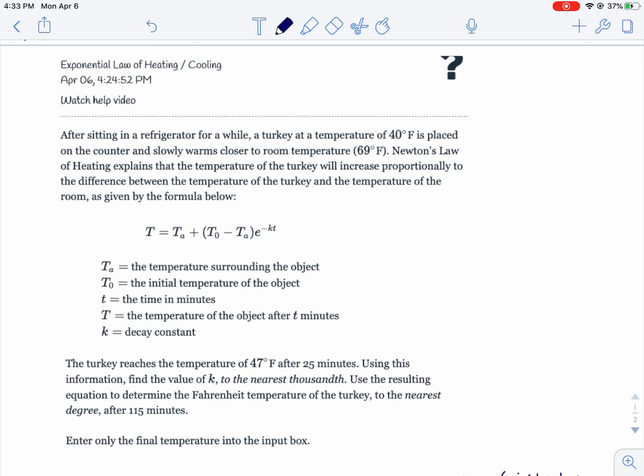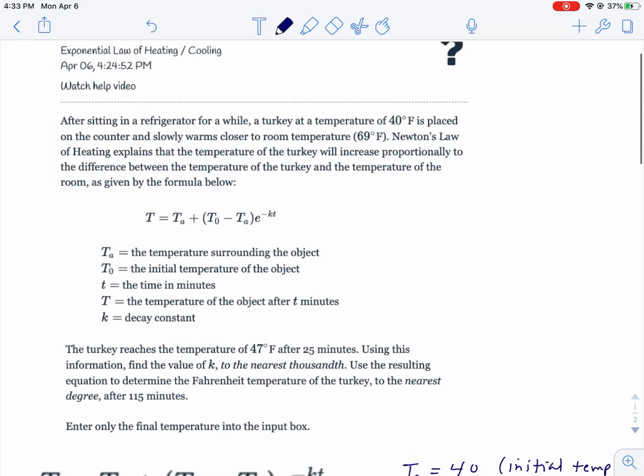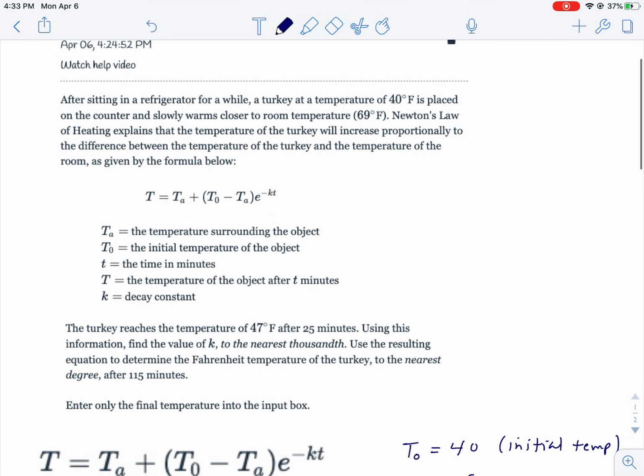So if you look at the problem here, they said suppose you had a turkey at 40 degrees, so it just came out of the refrigerator, and you put it on the counter in your kitchen, and the kitchen is at 69 degrees. Of course, slowly that turkey will warm up, and according to Newton's law of heating, theoretically, if you left it out there forever, your turkey would end up becoming 69 degrees, right?